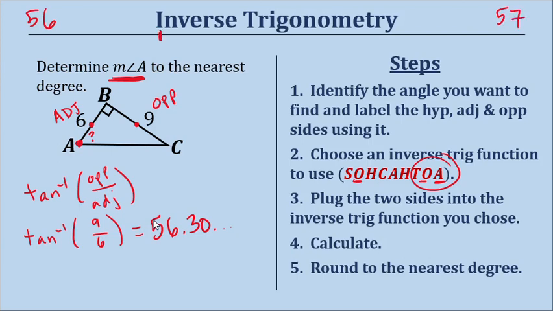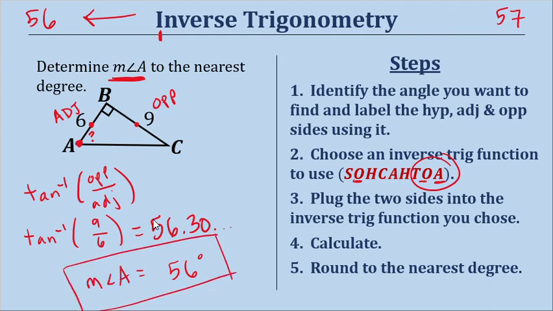And 0.3 would be somewhere here, which means it's closer to 56, giving us an angle value of approximately 56 degrees. Although for this problem, I would actually write the answer as the measure of angle A equals 56 degrees, because it's always a good idea, if you're given a specific question, to repeat the question in the answer to make it clear that everything's connected.